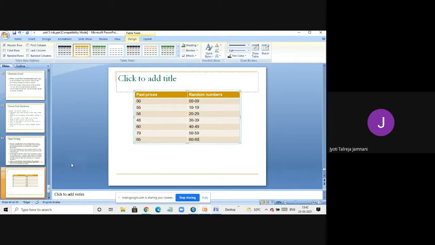Now I want to know what are the next 10 days price. So I'm actually simulating, that means creating a real life situation. So if I have a set of random numbers, I'll show that in the next slide.